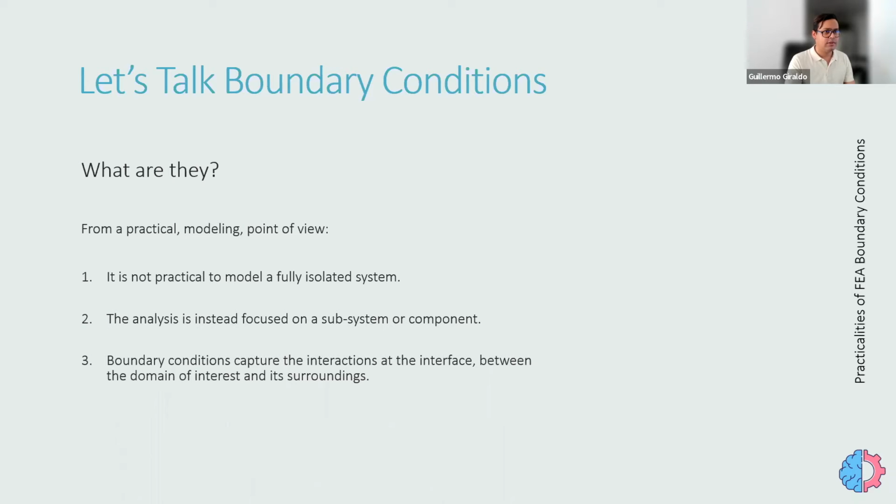So when you start thinking, okay, I need to analyze this component or this subsystem, because it might be an assembly of components, think about what its surroundings are. In other words, there are other engineering terms. For example, have you heard the term load environment?